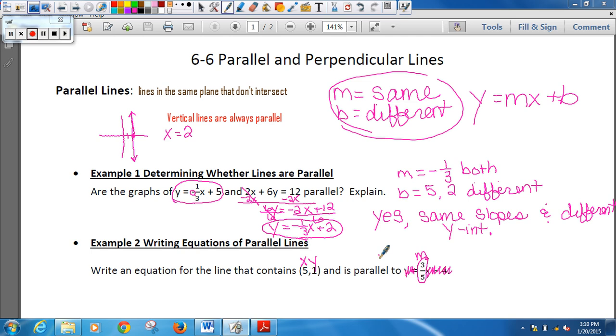I have a point, I have the slope. The fastest way to write it is point-slope form. y minus 1 is equal to the slope times x minus 5. And there we go. We're done. So that makes it very quick now that we know all three methods.